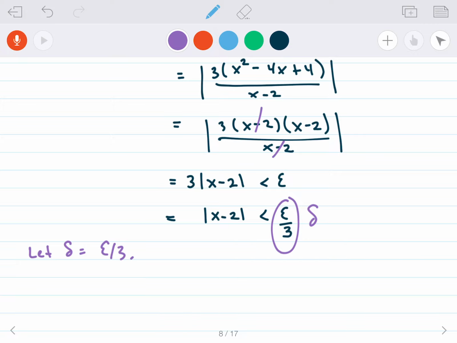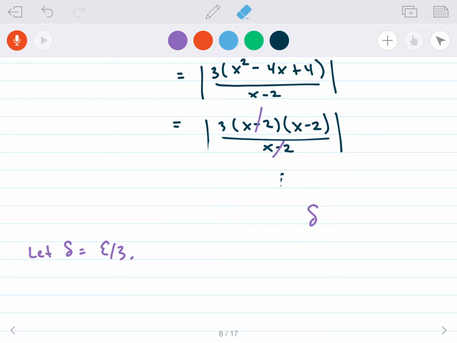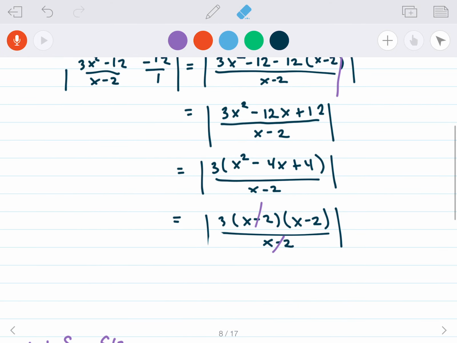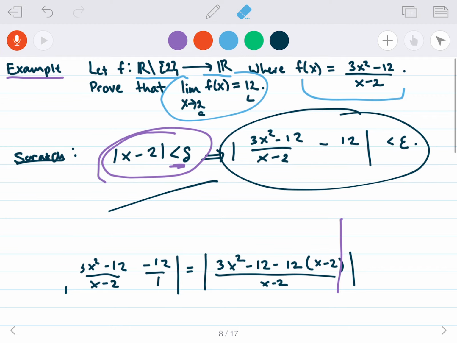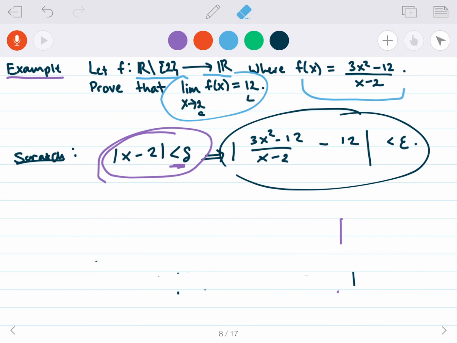Okay? So let's go ahead and do that. And I'm going to do this in a different style, I guess, but it's the same logic as the previous problem, just maybe different orders of steps. So let's see. Same idea though. Our proof: let epsilon bigger than 0 be given.